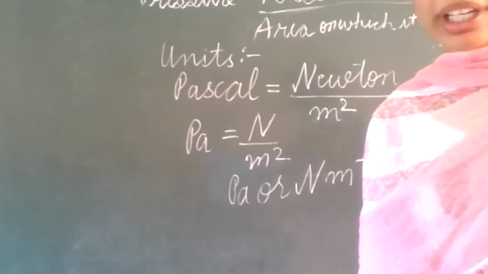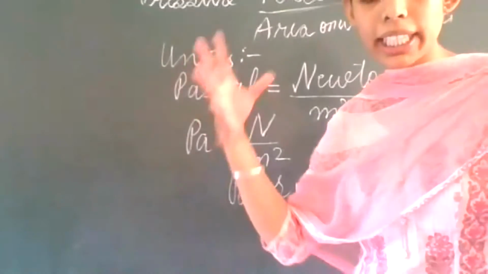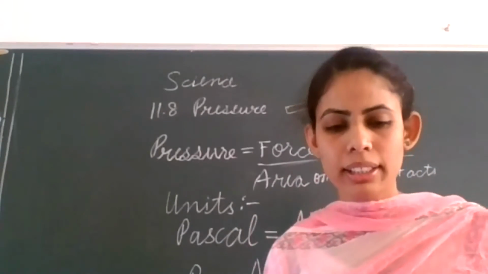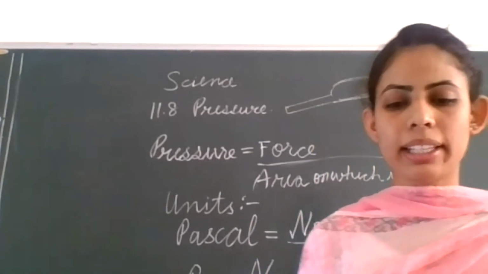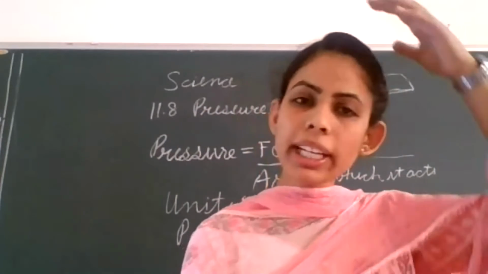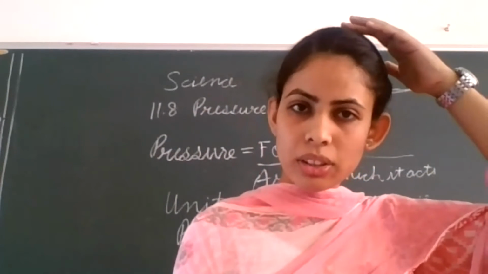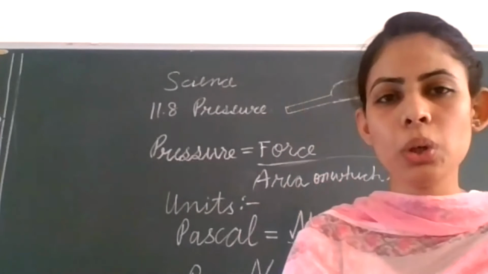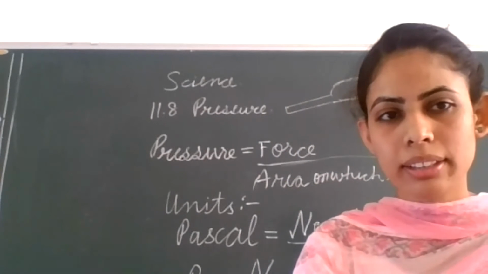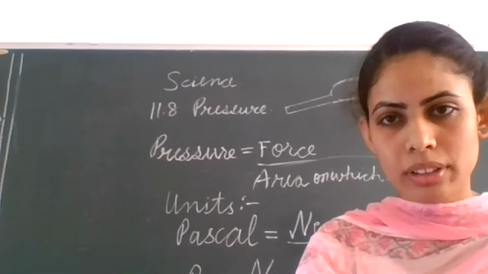Now, there is also another example: a porter carrying a heavy load. What do they do? They put a cloth on their heads. Why do they do so? Anyone know? So that there is less pressure on their head.